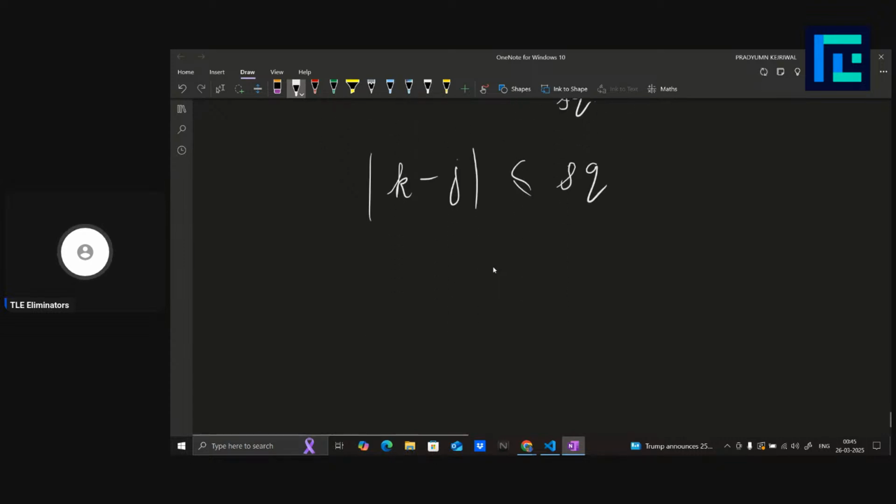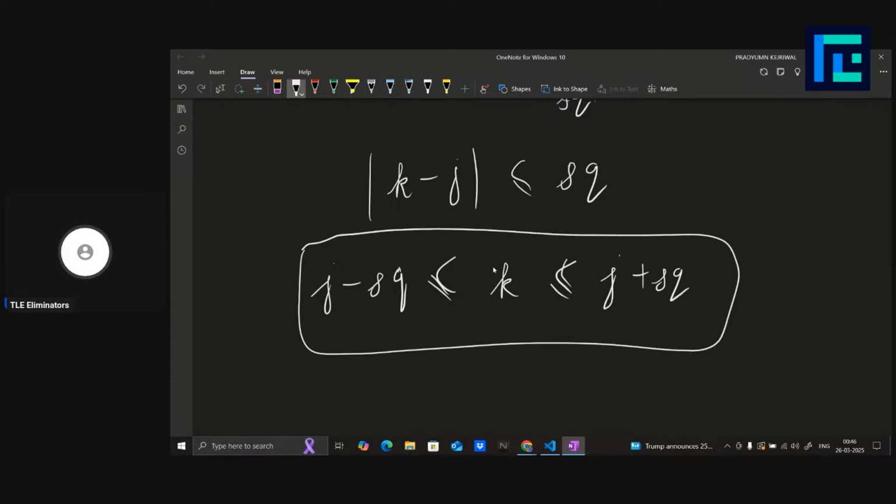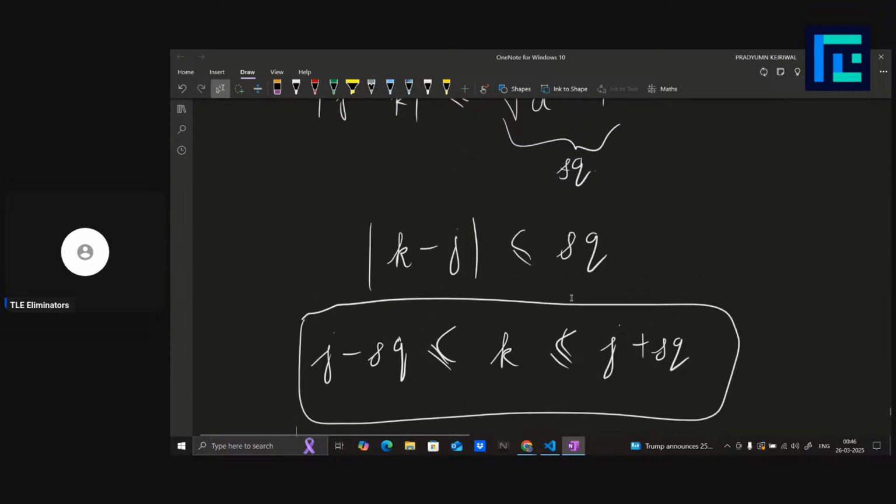So I can say that k should lie between j minus sq up to j plus sq. Correct?